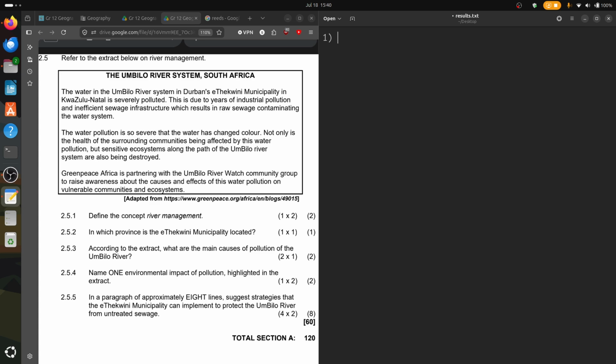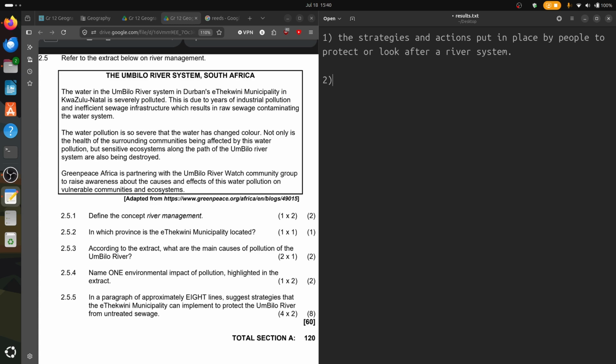So in simple terms, river management is actually the strategies and actions put in place by people to protect or look after a river system. This is as simple as it can get, actually.